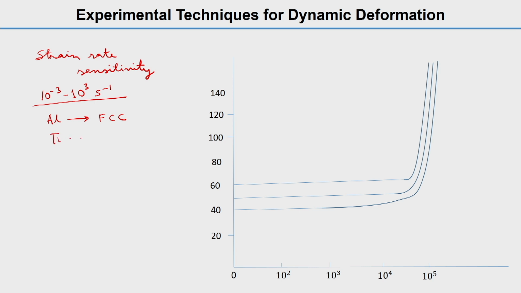Then titanium has a hexagonal close packed crystal structure, and tantalum, Ta, has a BCC structure. So the plastic deformation, as we will discuss later, depends on the crystal structures that you have probably studied in your BTech material science course. So different materials will behave differently.